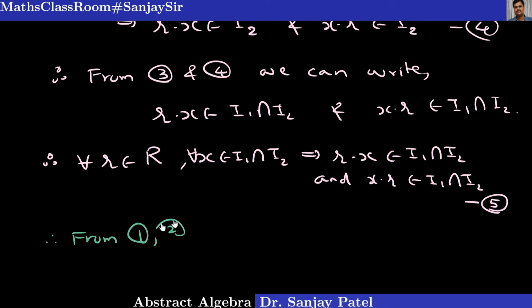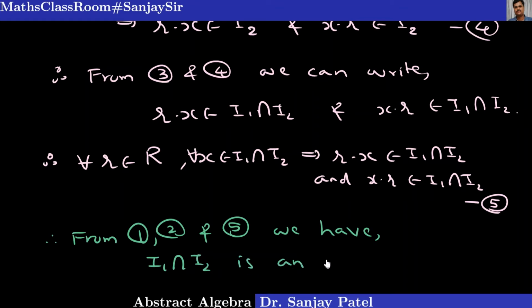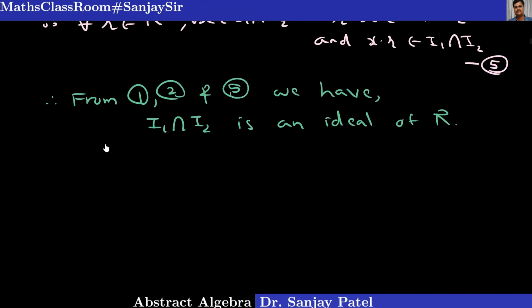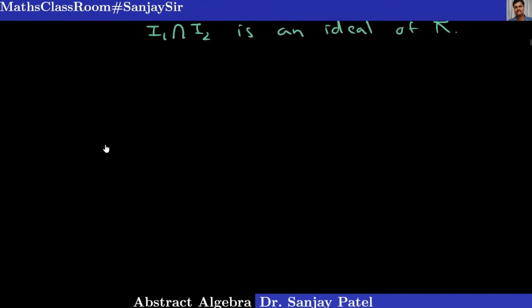Therefore, from 1, 2 and result 5, we have I1 intersection I2 is an ideal of the ring R. So we have proved that intersection of two ideals is always an ideal.